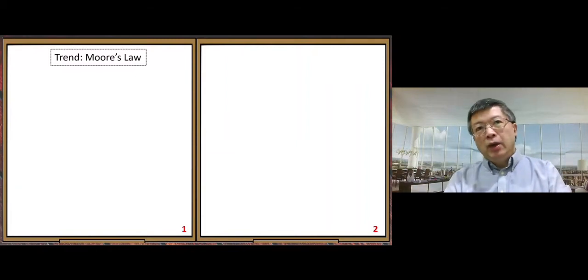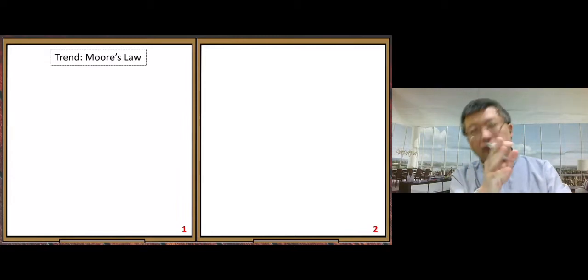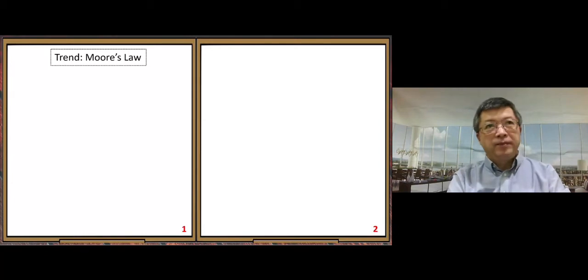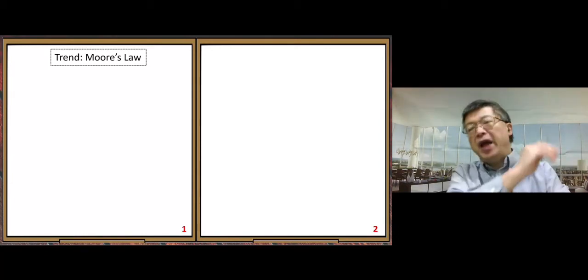First, when we talk about the trend of transistor technology, we have to talk about a very famous law, Moore's Law. Some of you may have heard of that.